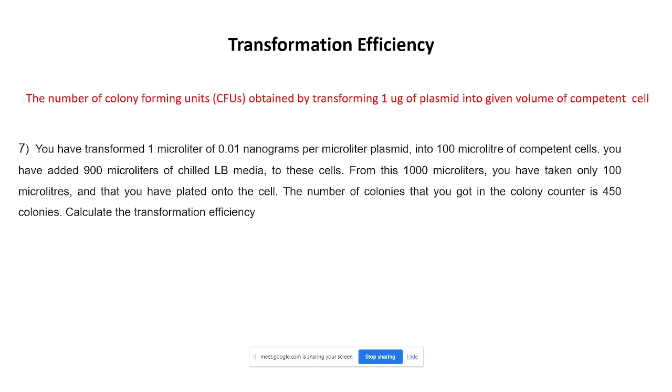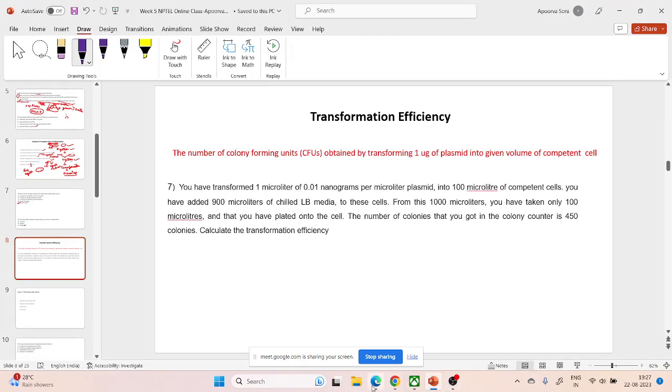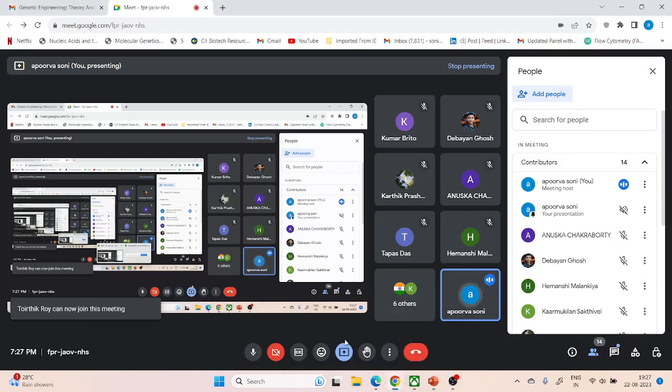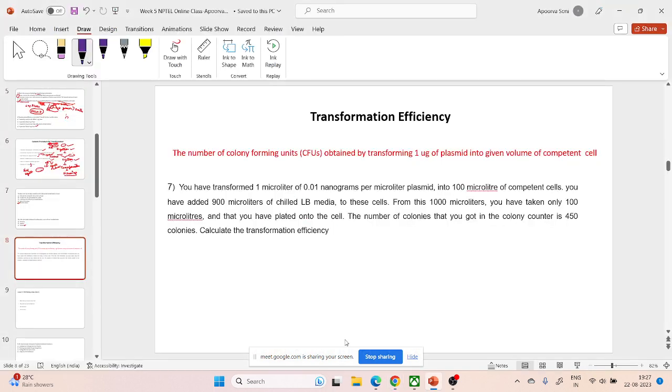How many of you could understand how to calculate transformation efficiency, or how many of you have problems in it? Anybody who could understand, please try to help the class in solving this question.